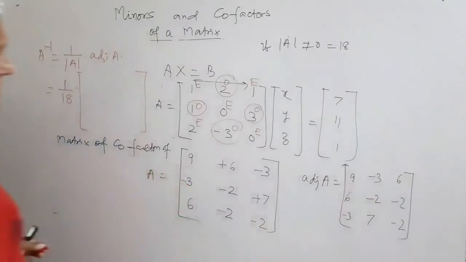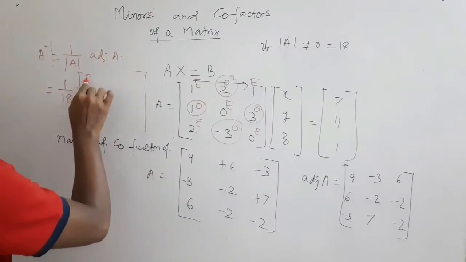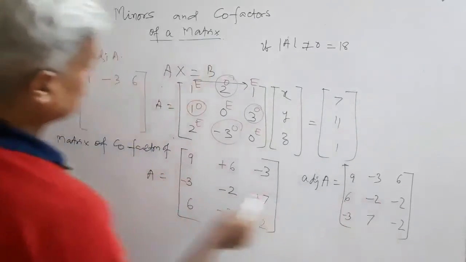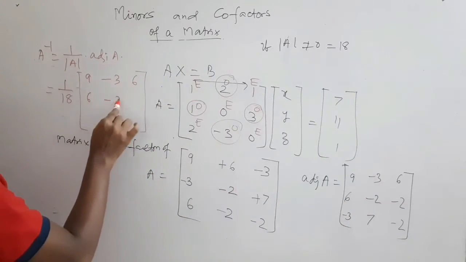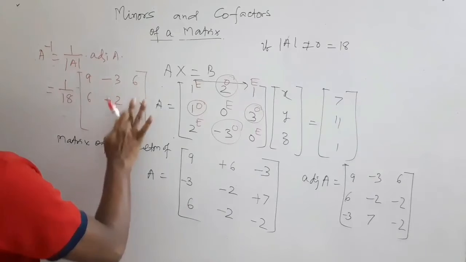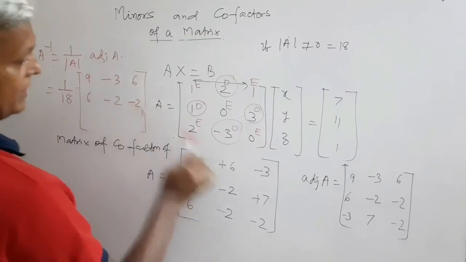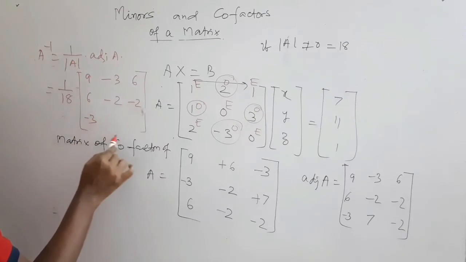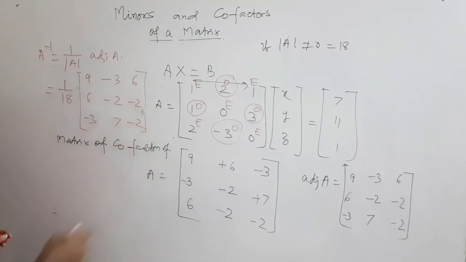So this is 9, minus 3, 6. 6, minus 2, minus 2. And then minus 3, 7, minus 2. So this is your A inverse.